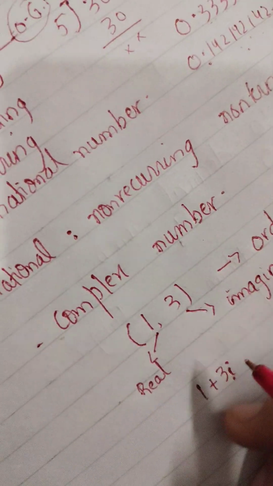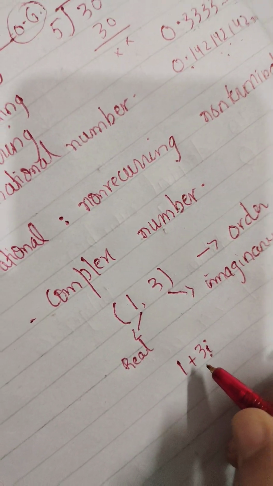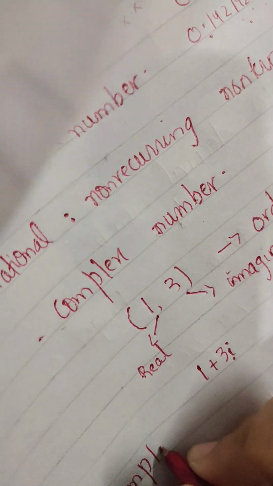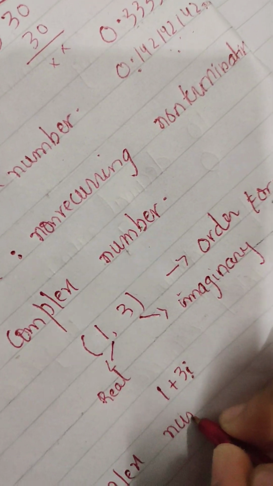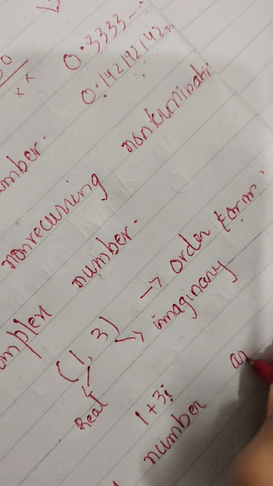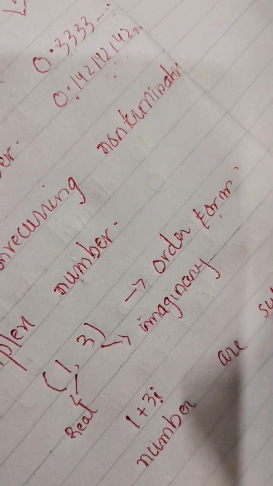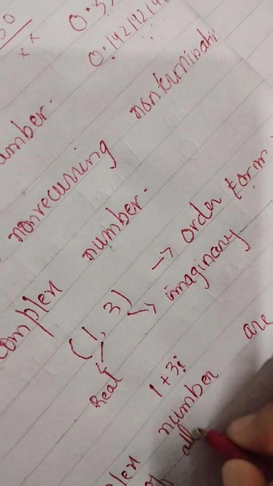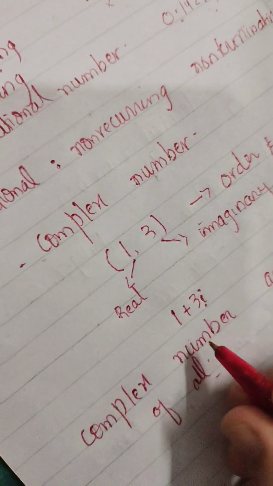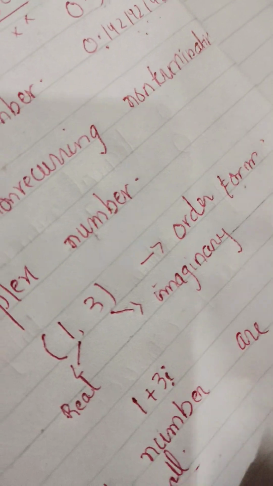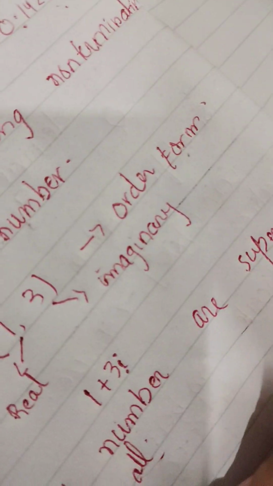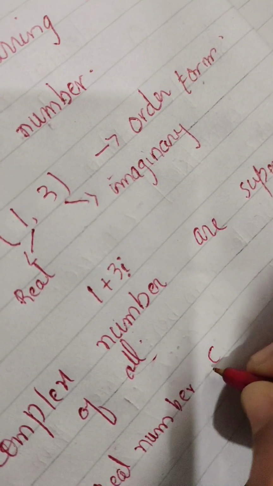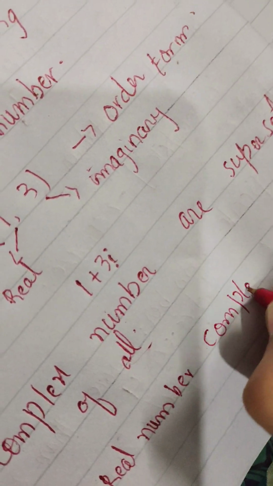I'll give you a hint: complex numbers are a superset of all, because real numbers belong to complex numbers. I'll tell you.